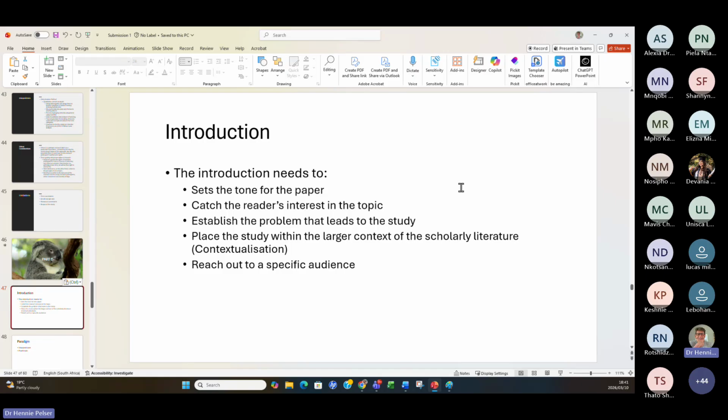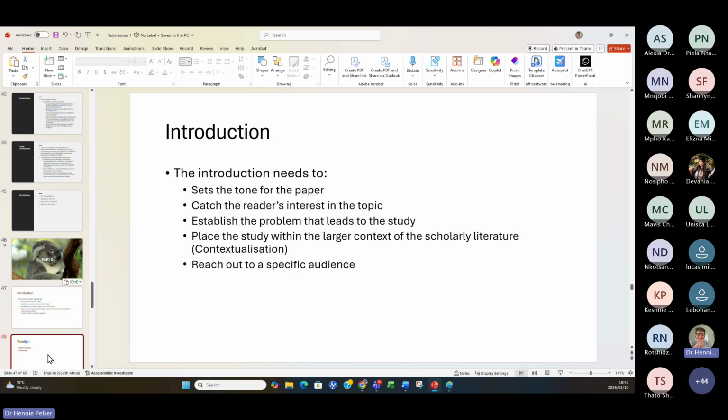So introduce your topic, and then give us numbers, stats, and facts around that topic. Okay, so it is to give us how this study fits into a bigger context, and that contextualization would be the numbers, stats, and facts. And then remember, you are writing for a specific audience, so bear that audience in mind all the time. I will be going through some samples just now if we've got enough time.